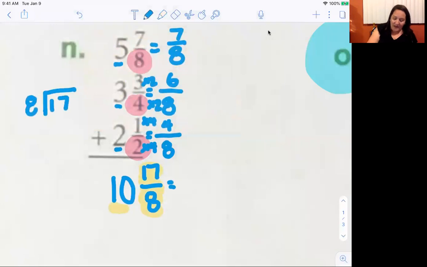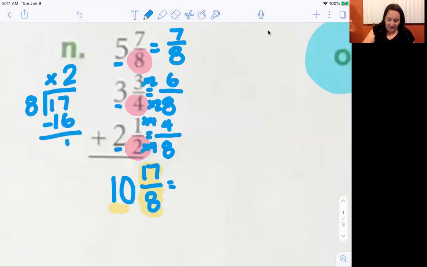Pencil and paper would be like this. 17 divided by 8. How many times does 8 go into 1? Can't do it. How about how many times 8 into 17? 2 times. So 2 times 8 is 16. So we get 2 and 1/8, because 8 is our denominator and 1 will become our numerator.